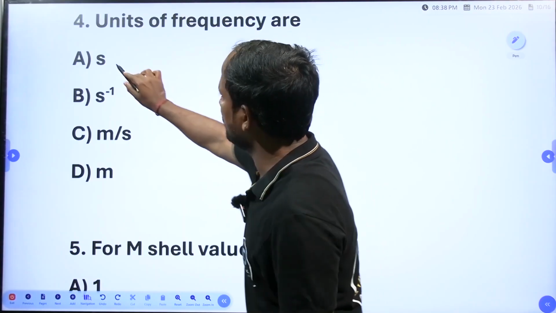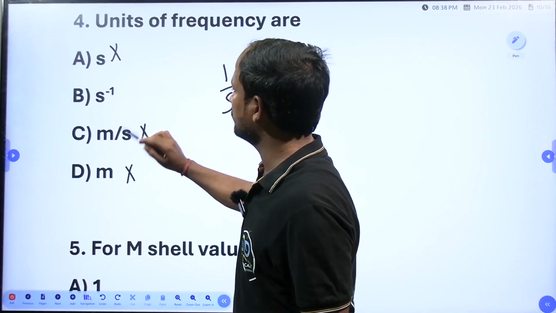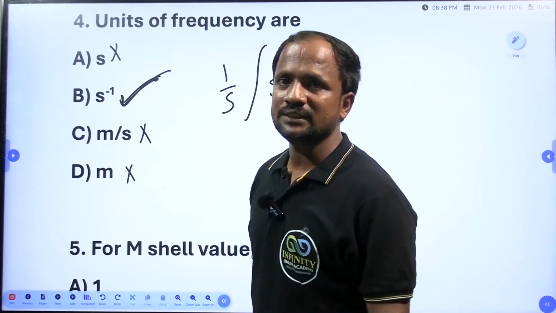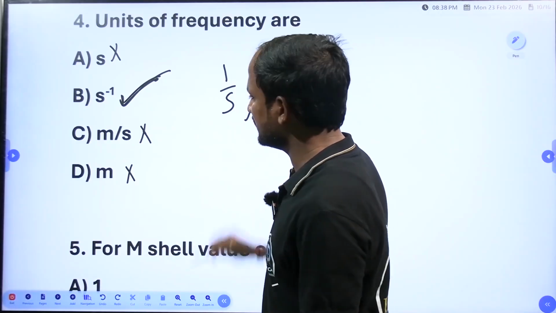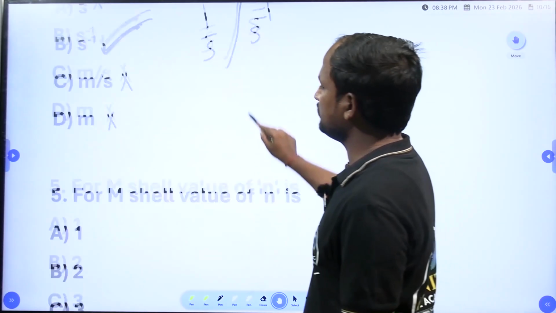Meter by second is not the unit, and meter by distance is not. So second inverse, 1 by s, is the unit of frequency. Next question.